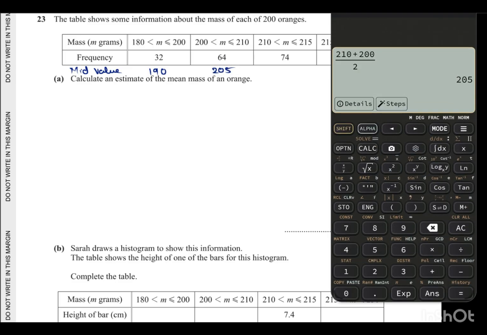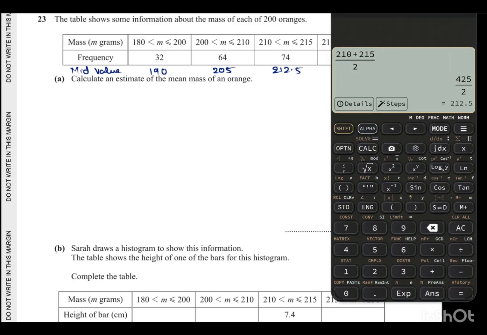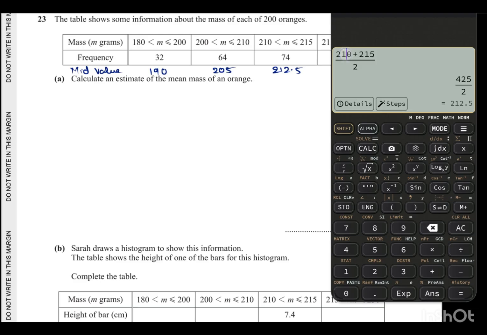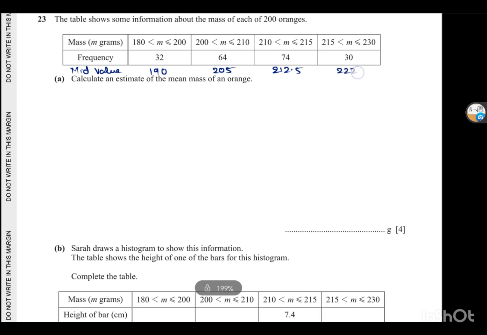Next class has 210 and 215, so it is 212.5. Then next 215, 230, so it is 222.5.